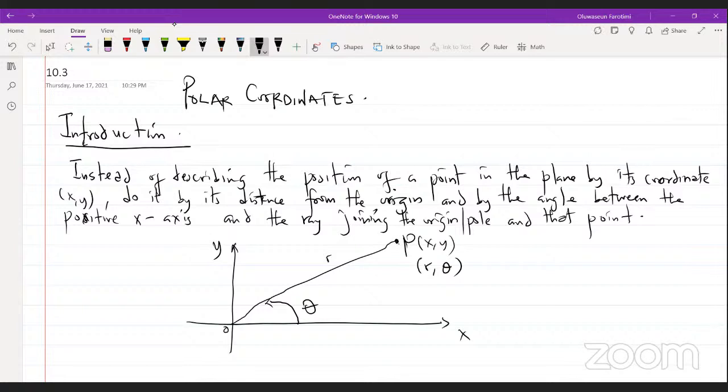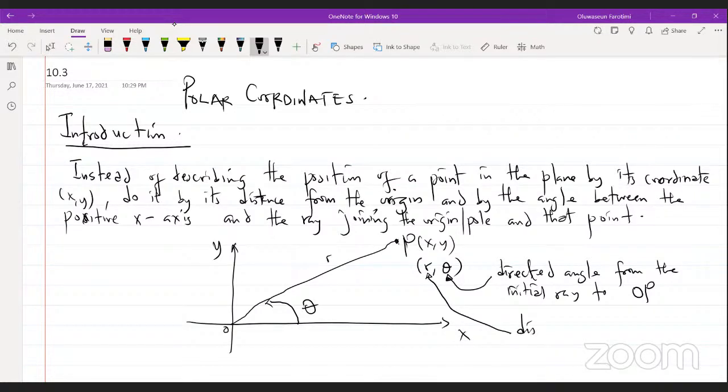Now, this theta is actually known as the directed angle from the initial ray to OP. So this is O and this is P. What about this r?